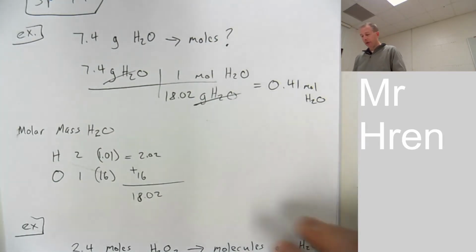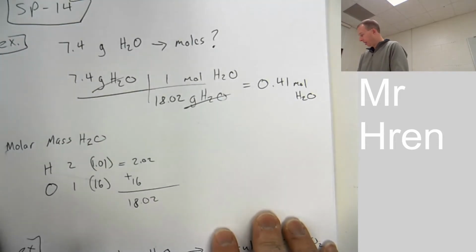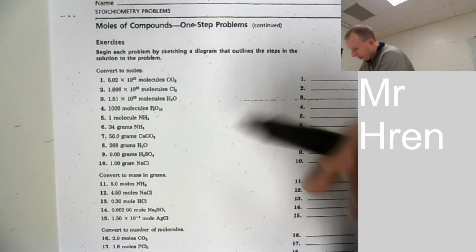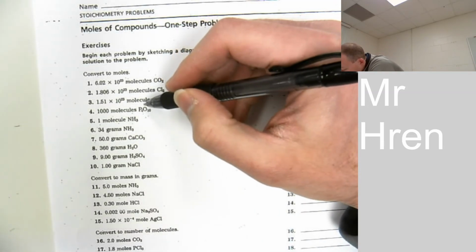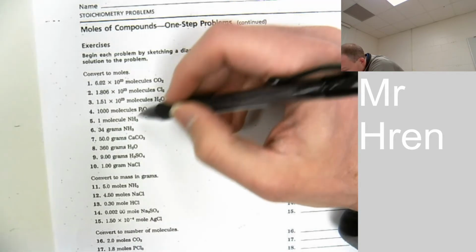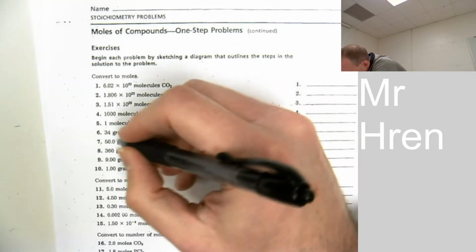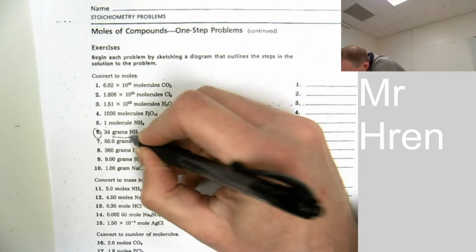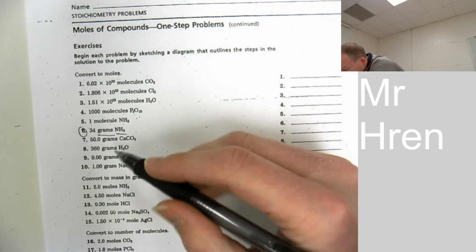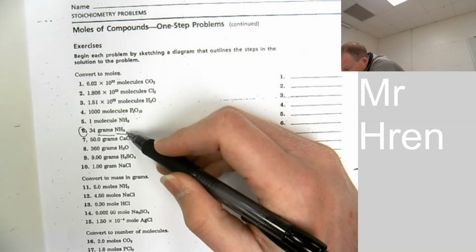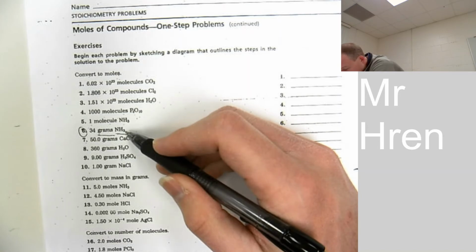If you take a look at these problems, in this case you've got molecules, fine, that's all just Avogadro's number. But down here, number 6, you've got grams of NH3. So when you do this calculation, you're going to have to figure out the mass of NH3. That's the big difference.